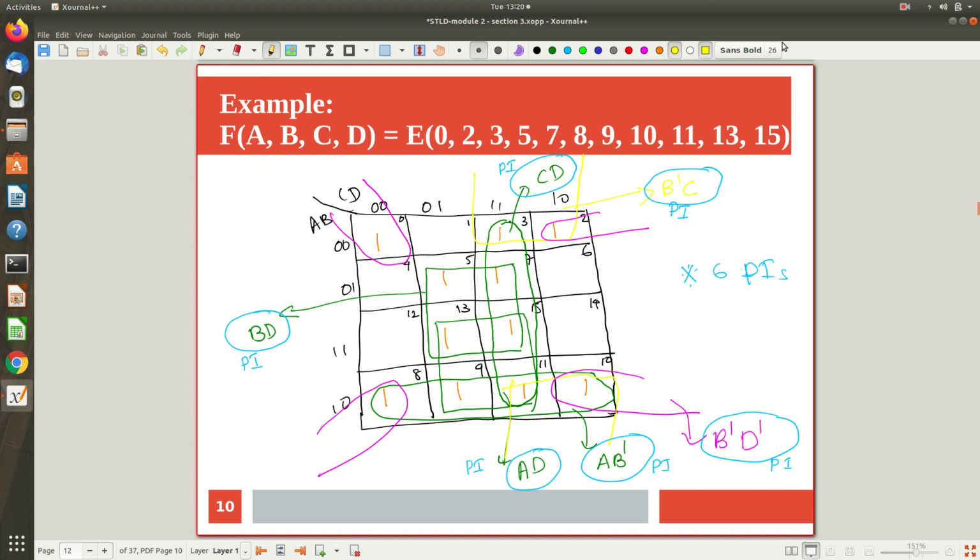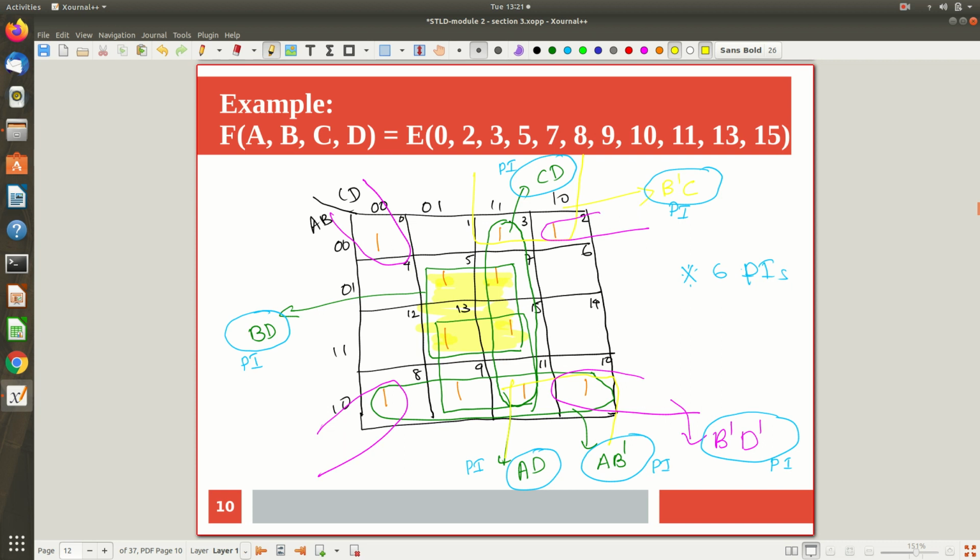So, the requirement is that if you focus on this particular prime implicant BD, let me just highlight the area. This is my prime implicant, this whole cube. Now, is there any one min term? This is a min term, this is a min term, this is a min term. 4 min terms are there. Is there any one min term that is covered only by this particular prime implicant?